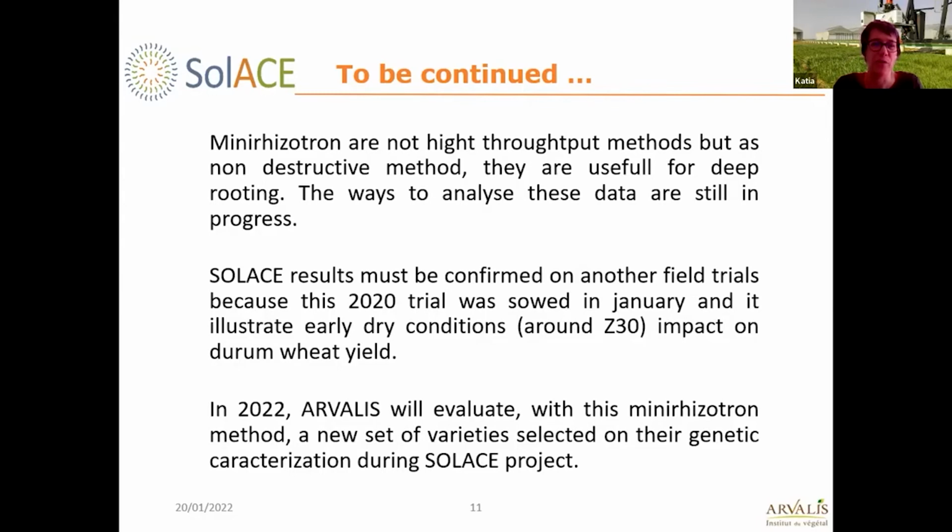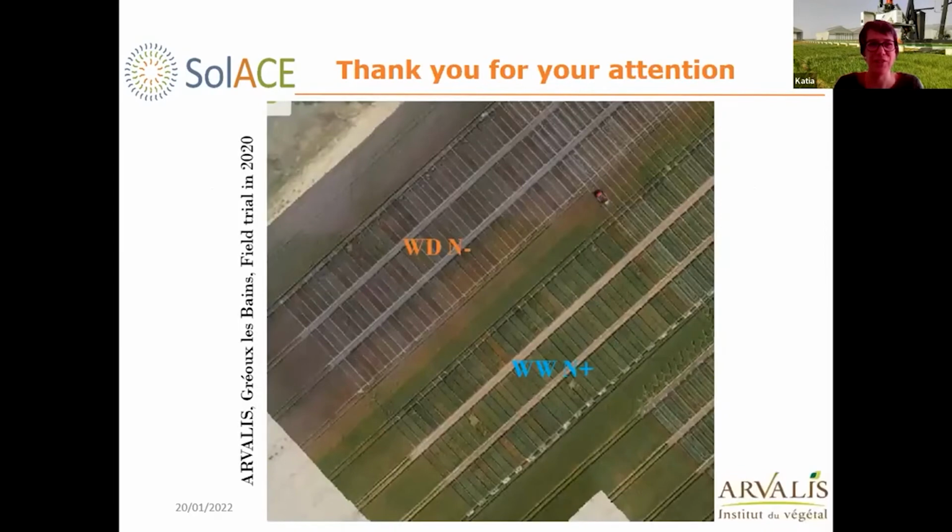And for our SolACE results, this 2020 field trial was applied for very early dry condition, and we will evaluate again in 2022 a new set of varieties selected on their genetic characterization during the SolACE project. Thank you for your attention.